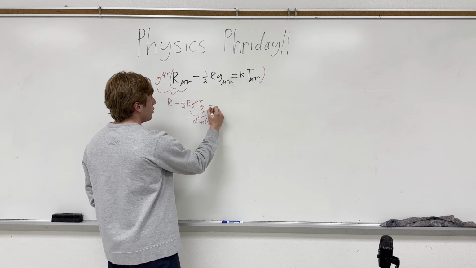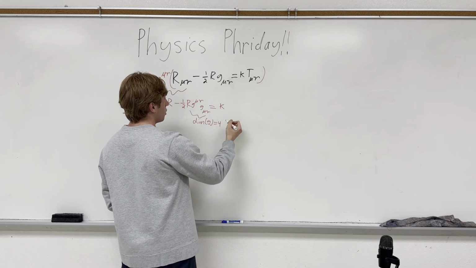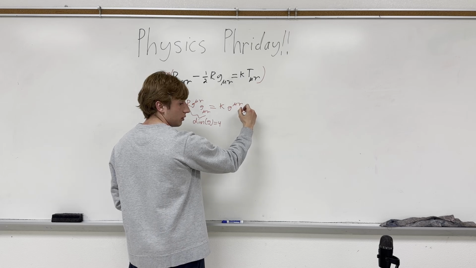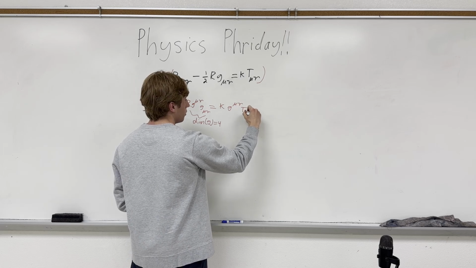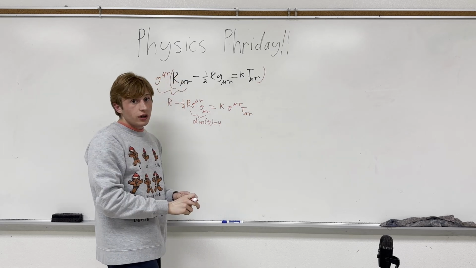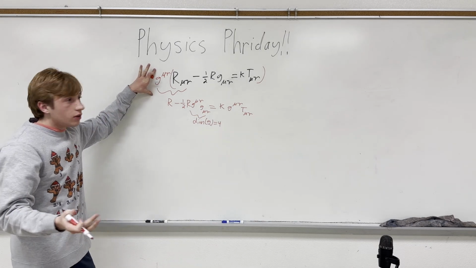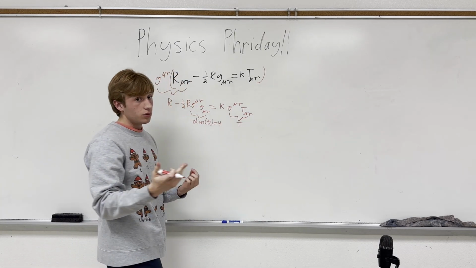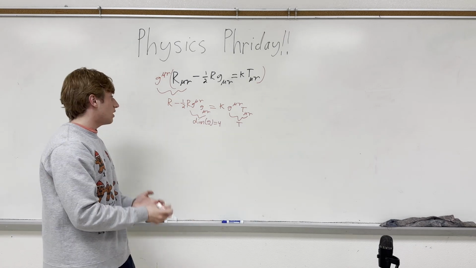And what does this equal? Well, this is going to equal some constant times g mu nu, and then times T mu nu. Similar to this, it is just going to give us some constant, which we can just call capital T.